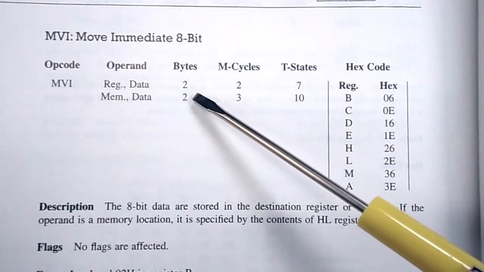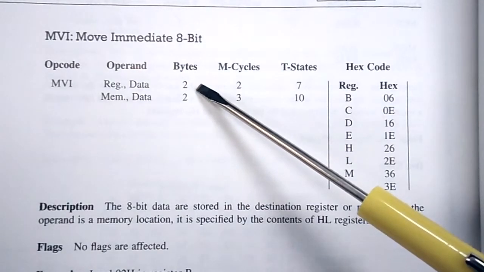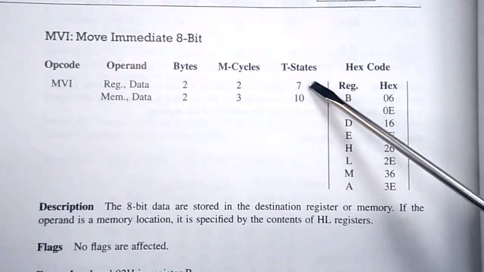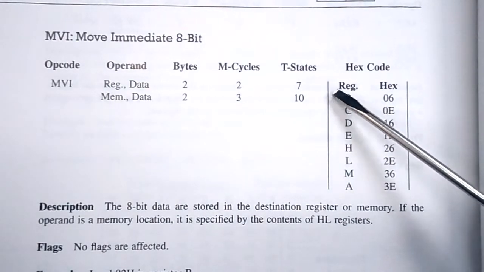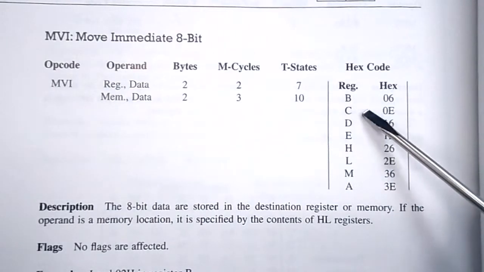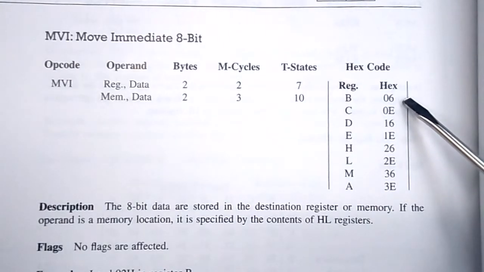Now you'll notice that it's a 2-byte instruction. It requires 2 machine cycles and 7 T-states. So we're going to be moving 8 bits of data into one of these registers, and depending on which register we want to move the data into, we have a different opcode.